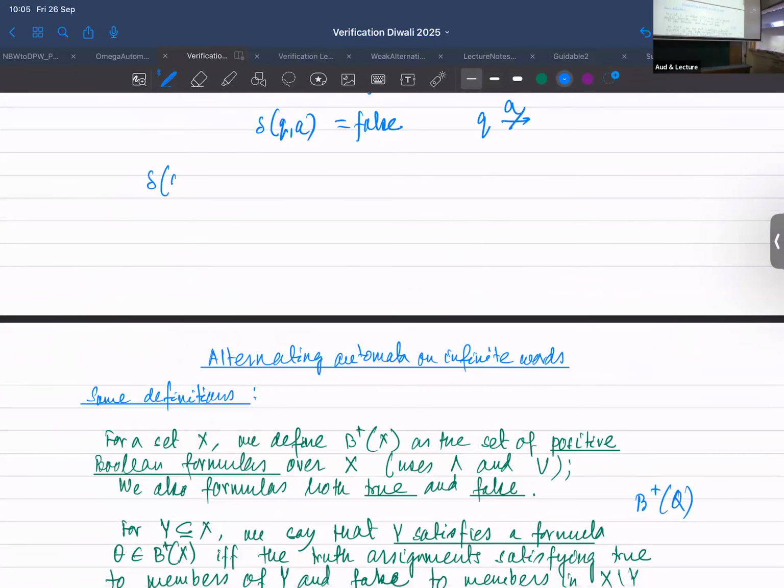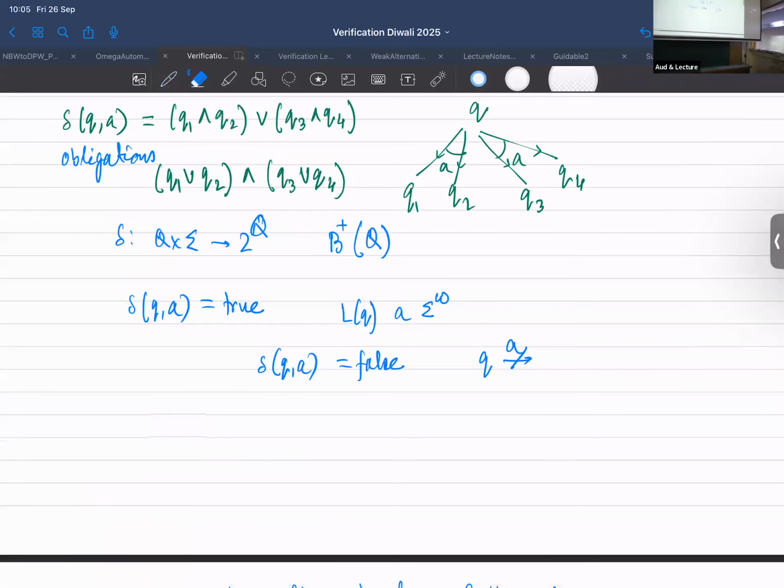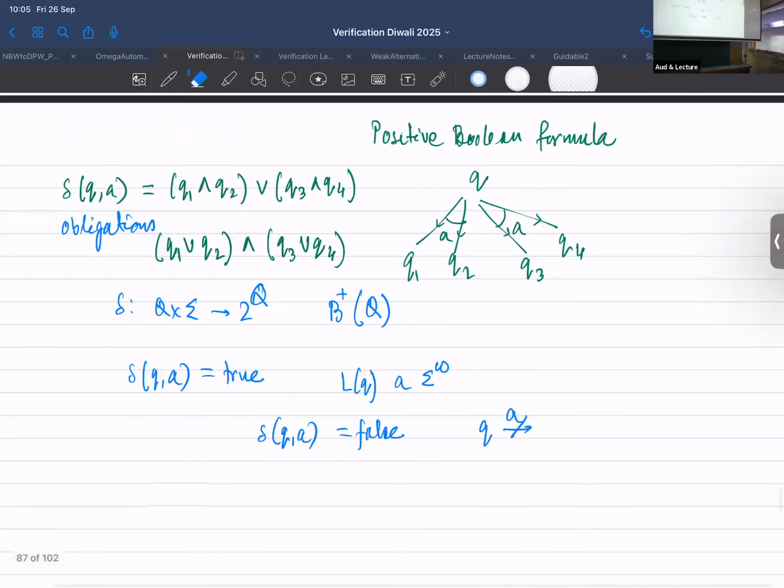So delta of Q, A, I mean exactly this thing. So let's say we have this Q1 and Q2 or Q3 and Q4, right? So I'm saying that you can have both of them, now you can have both such accepting runs.